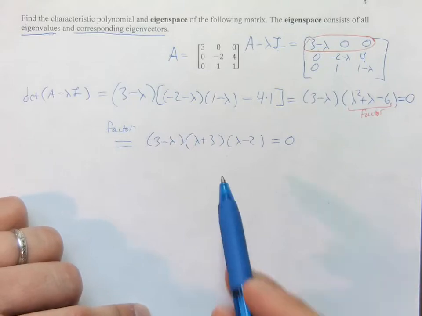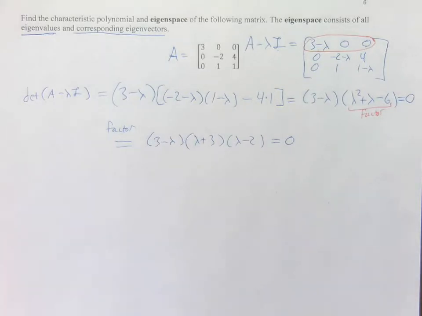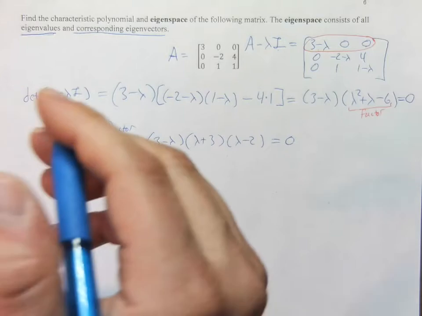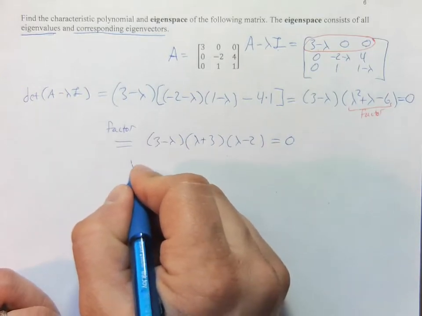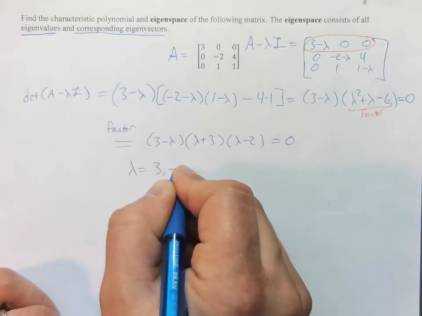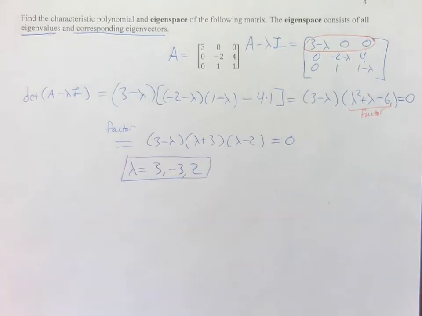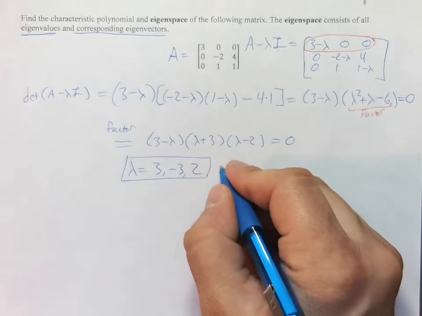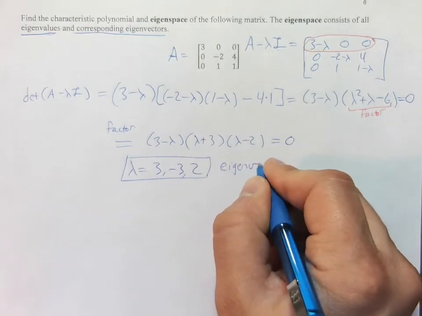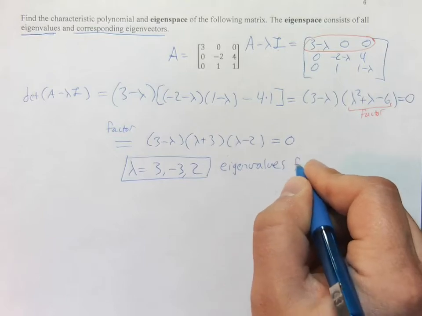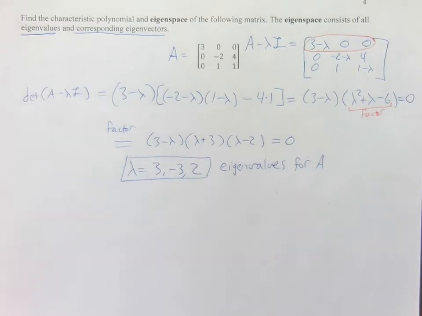And that was nice because there are the roots, right? We set each one of those equal to 0 separately, and we get lambda equals 3, minus 3, and 2. And so these are the eigenvalues for the matrix A.